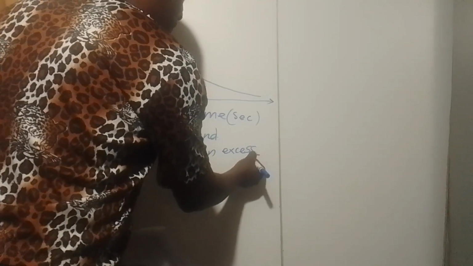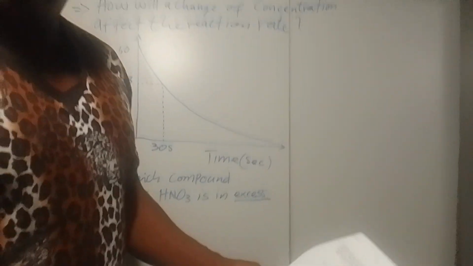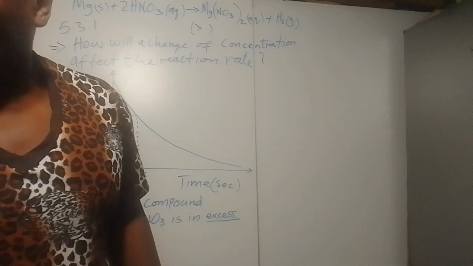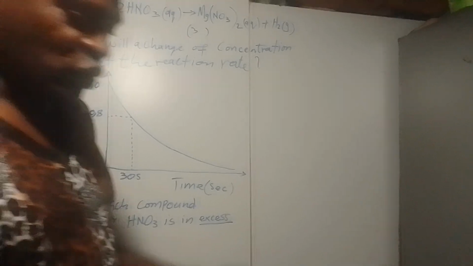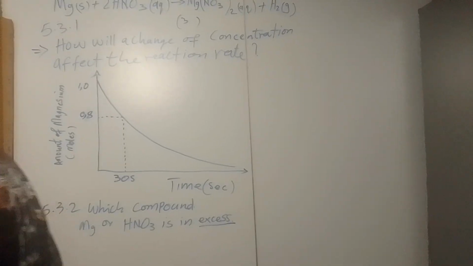They mean if you are using two of the chemicals, which one is going to be a limiting reagent and which one is going to be an excess reagent? Then you check your equation.